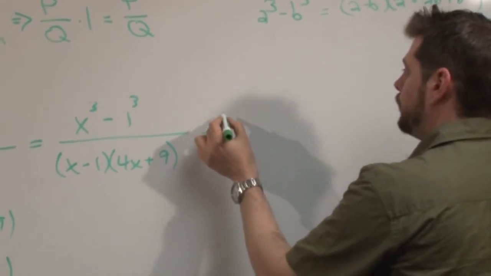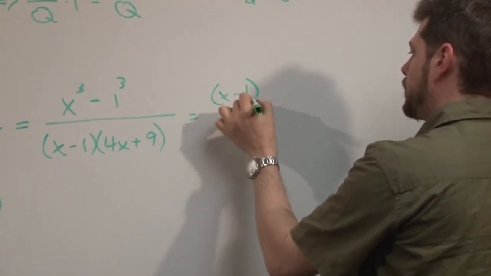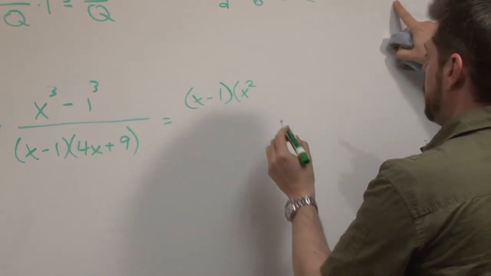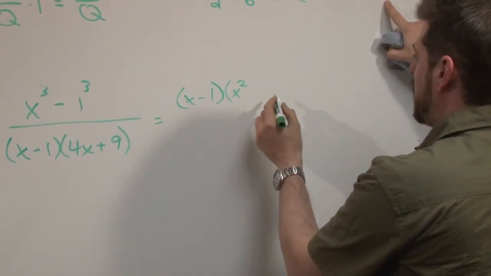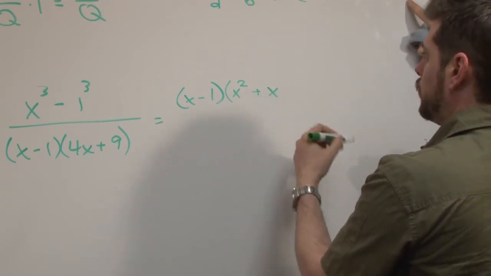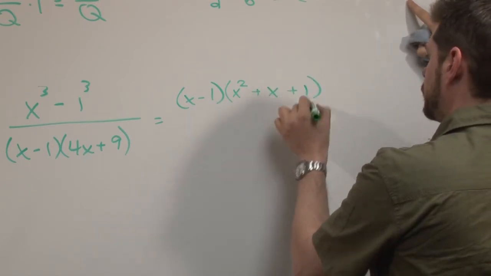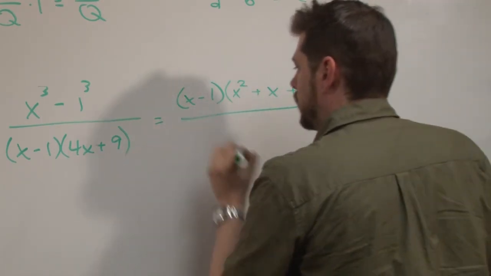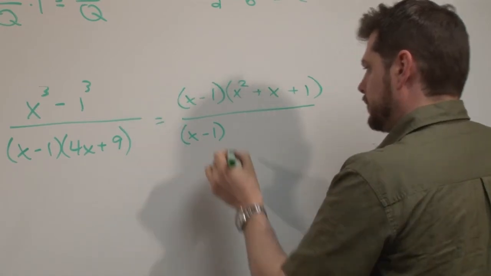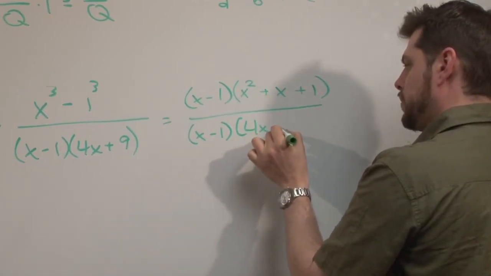I'll factor out an x minus 1. And I'm left with an x squared. And ab is just going to be positive 1 times x, which is just x. And then b squared, 1 squared is just 1.